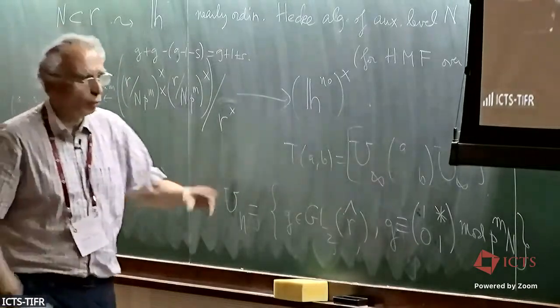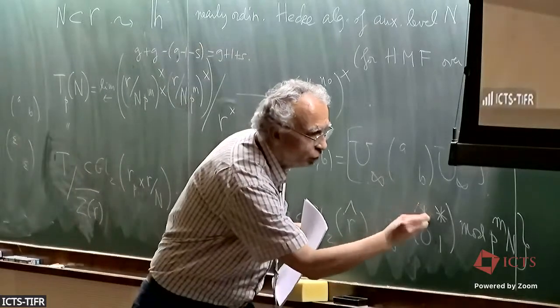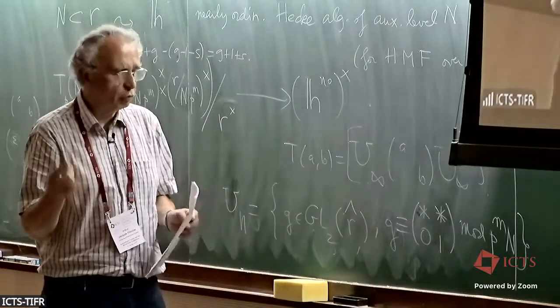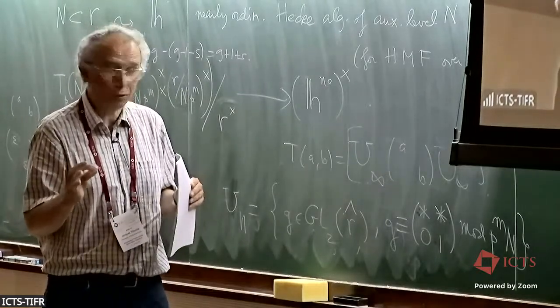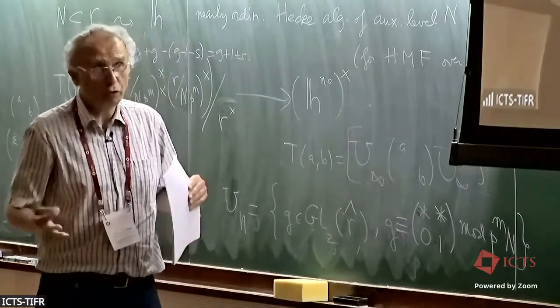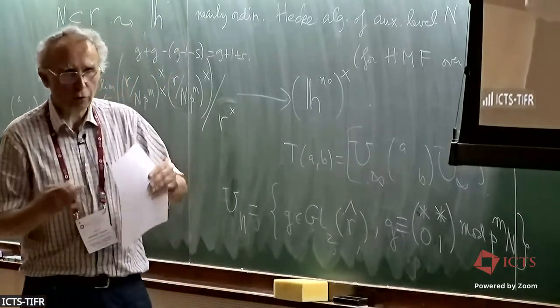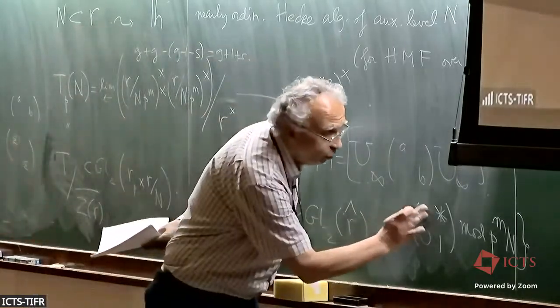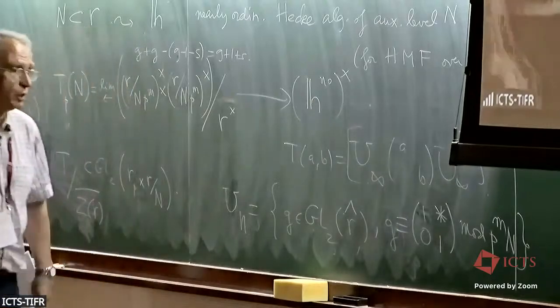If you allowed this kind of condition, then the group would be bigger, and then it would give rise to the ordinary Hecke algebra, which is much smaller. And unfortunately, the modular forms we need to use are nearly ordinary, but not ordinary. So we really need the nearly ordinary Hecke algebra.